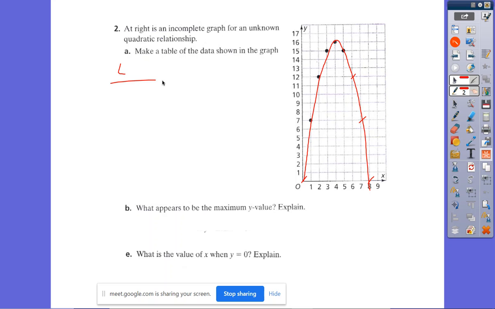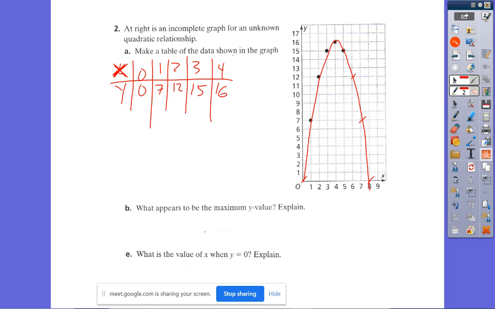So I'm going to say x and y: 0, 0; 1, 7; 2, 12; 3, 15; 4, 16; 5, 15; it comes back down, 6, 12; 7, 7; that's kind of fun; and 8, 0.